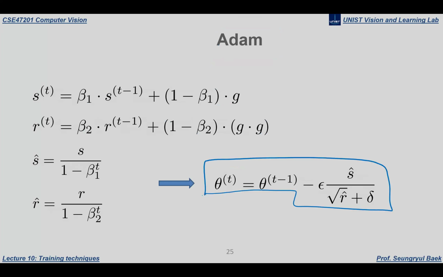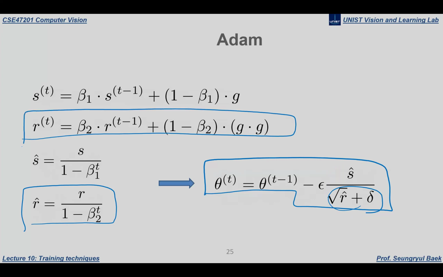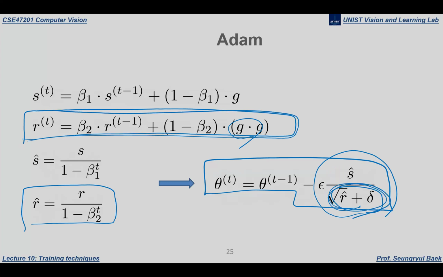Basically, their final formula is the same as stochastic gradient descent, but having this term, and the below term is similar to RMSProp. So we are accumulating the square of the gradient to assign more learning rate to parameters which were not updated before, and for parameters which were frequently updated, we want to give less learning rate. So the below term is similar to RMSProp.